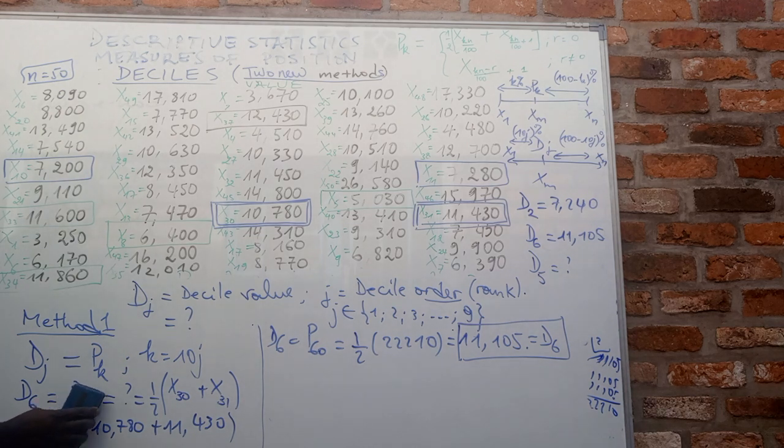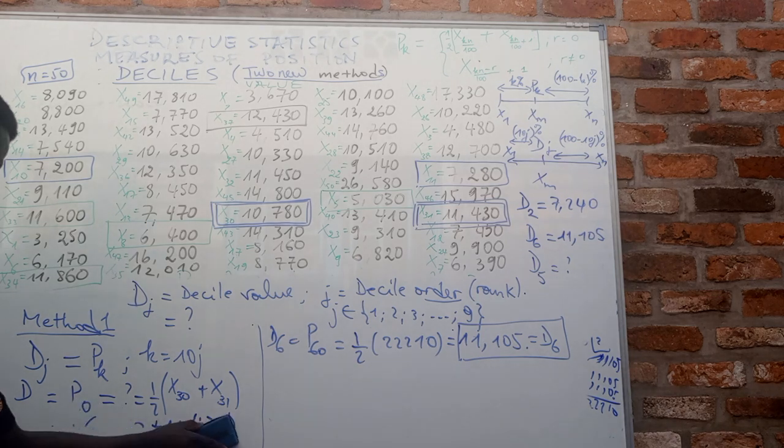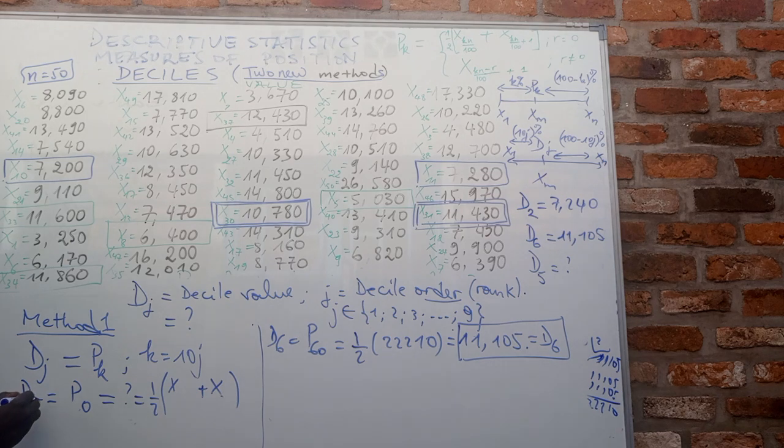So again, let us use this space. D5 is percentile over the 50.